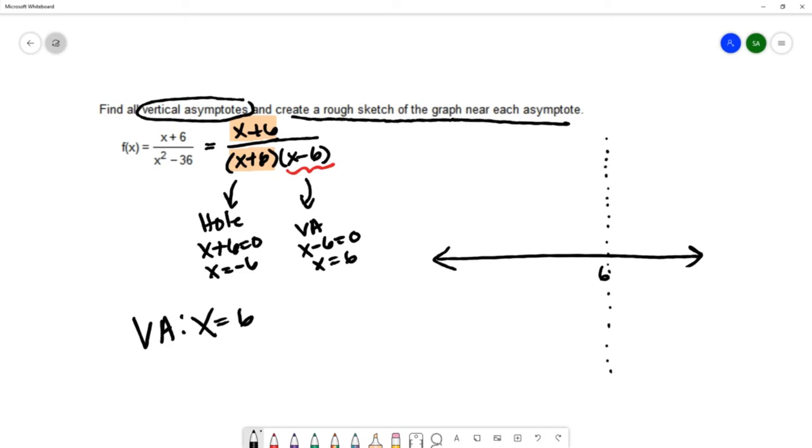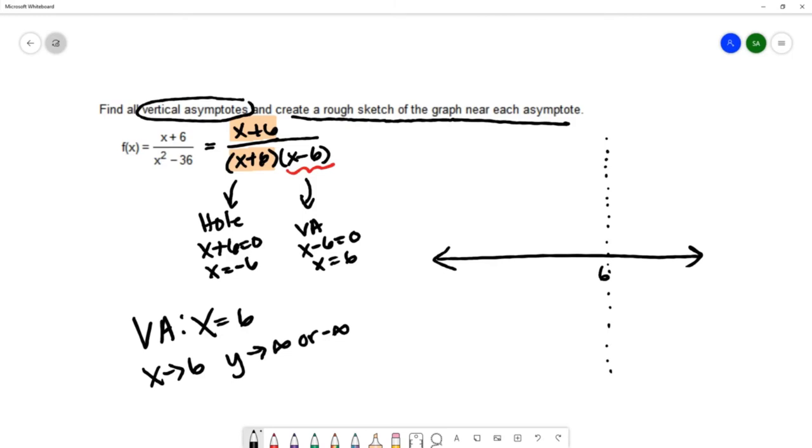I'm drawing a little dashed line to represent it. And we need to remember the definition of a vertical asymptote: as x approaches that value of 6, the y is either going to approach infinity or negative infinity.